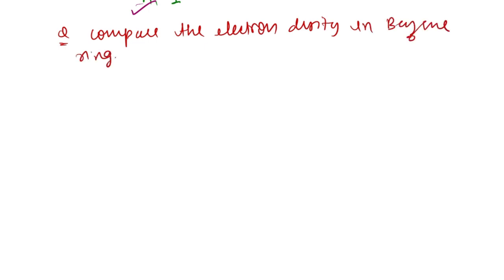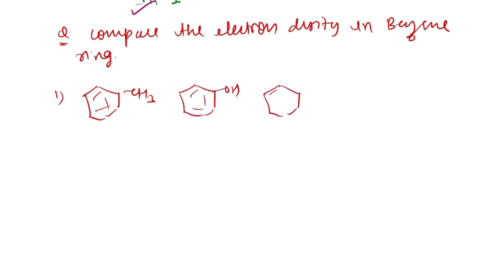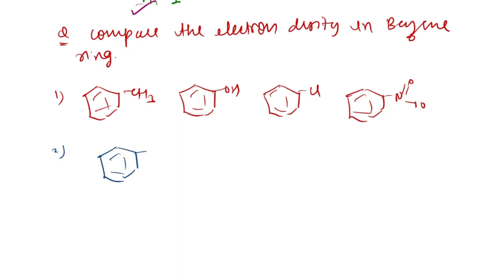First, we have an example like this: toluene, phenol, chlorobenzene, nitrobenzene. Second, we have an example of this compound and this.